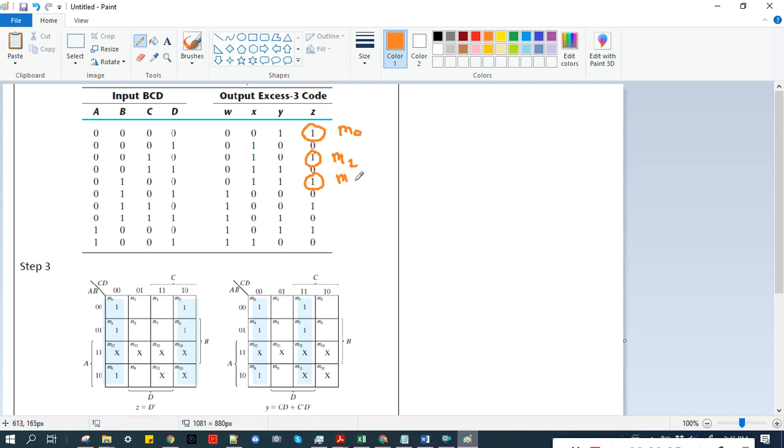This is minterm 4, 5, minterm 6, minterm 8.